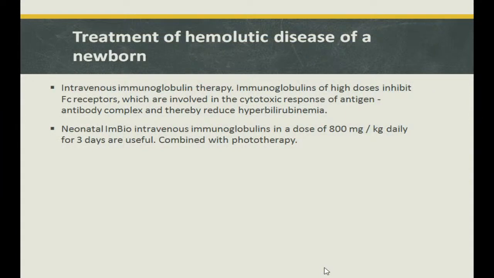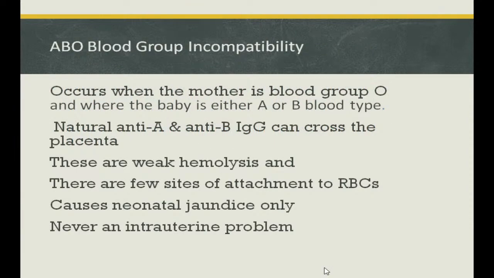And within the first day postpartum, every hour we had to evaluate the rise of bilirubin. Later, when it became constant, we had to use neonatal intravenous immunoglobulins in a dose of 400 microgram per kg daily for 3 days. It had to be combined with phototherapy.